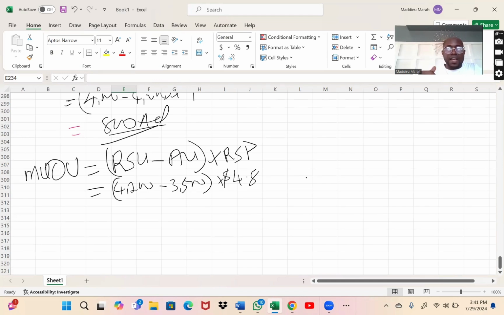Our revised standard usage is 4,200, and our actual usage we use less, 3,500. So 4,200 minus 3,500 gives us 700. Multiplied by 4.8, this gives us 3,360 favorable.